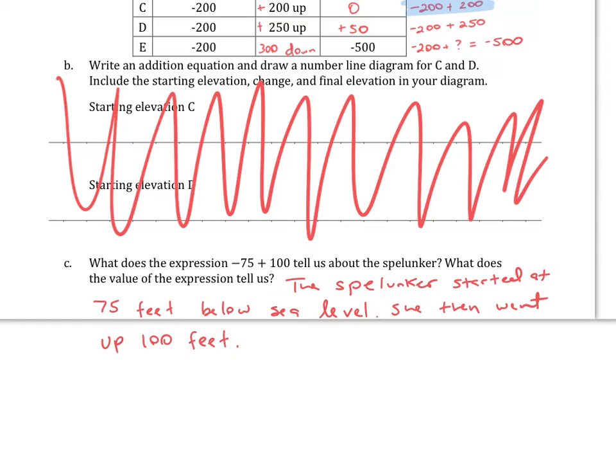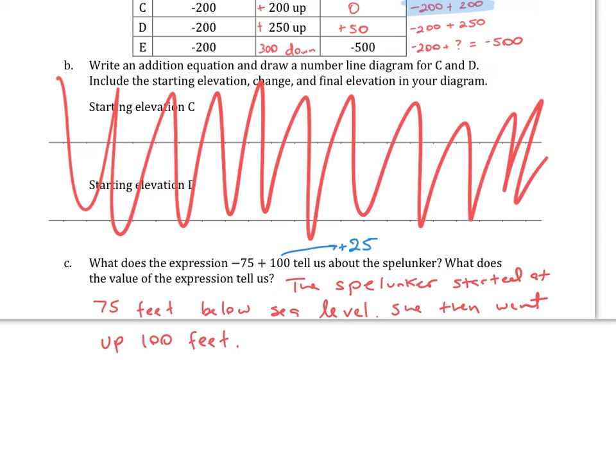And then the next part says, what does the value tell us? So I need to figure out, well, what is negative 75 plus 100 equal? So I know that the signs are opposites. One's negative, one's positive. So I have to subtract the absolute values. 100 minus 75 is 25. I also know that there are more positives than negatives. So my answer is going to be a positive 25.